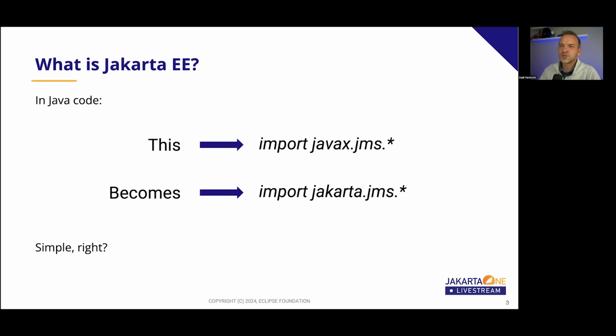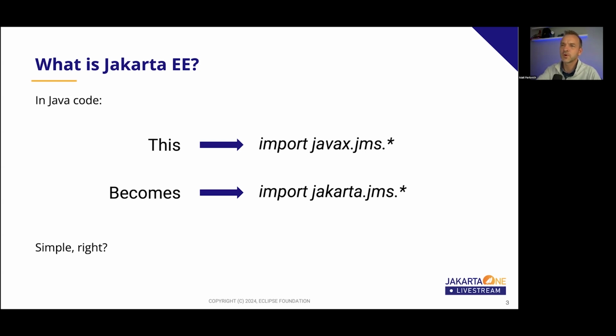I'm sure you have all been on the stream all day, but just to recap quickly, if people are wondering what is Jakarta EE, essentially it's a group of APIs that sit on top of Java to enable enterprise type development. And with the new licensing structure, similar to how the JDK has been freed from unfriendly licensing, now these enterprise APIs have also been freed up.